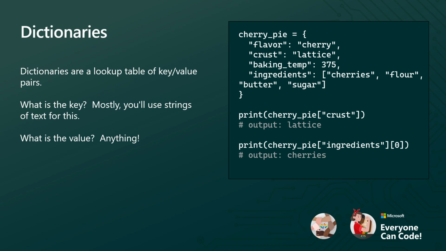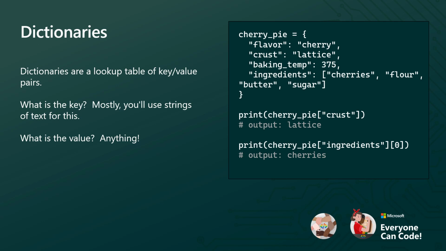Why? Because it is an integer, not a string like cherry and lattice are. And then our last key, ingredients, contains a list. So our ingredients are the list which contains the values cherries, flour, butter, sugar.